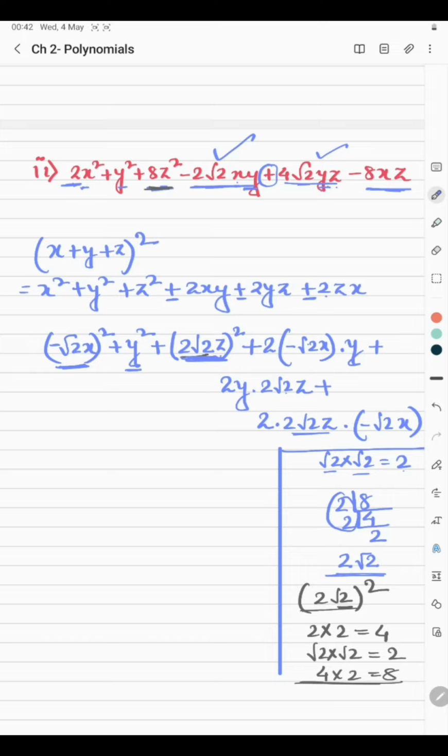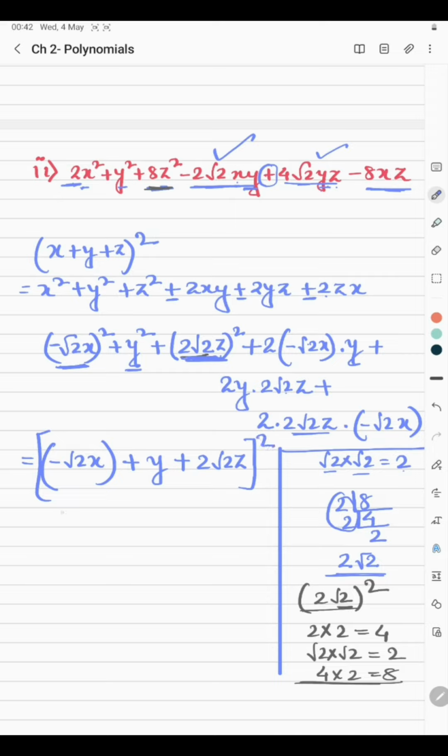Okay, so according to the identity, this is the expanded form of x plus y plus z whole square. So here we will have to write x plus y plus z whole square. So x means here minus root 2x. Now plus y means y here, and then z means 2 root 2z, right?